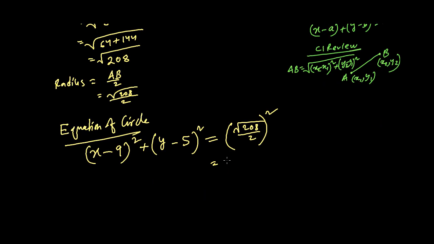The square of the square root of 208 is 208, the square of 2 is 4. Now if we cancel this off, 4 times 52 is 208, so 208 by 4 is 52. So the equation would be (x minus 9) whole squared plus (y minus 6) whole squared equals 52.